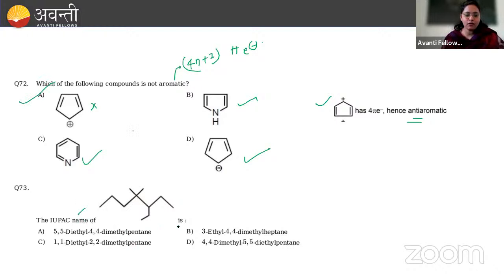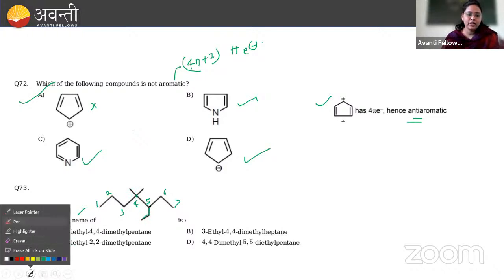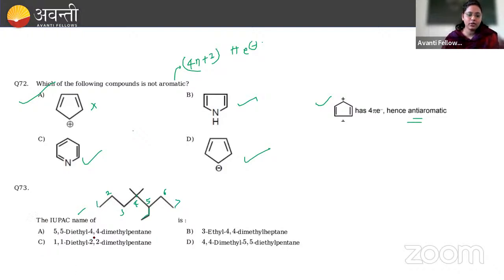Okay, so this species A is our not aromatic species. Next, IUPAC name for this given compound. So if we start numbering from this side, 1 2 3 4 5 6 7. So you can see at the 4th position, these substituents are coming and this substituent is coming at the 5th position. So ये numbering नहीं चलेगी क्योंकि numbering हमारे substituent को सबसे लेट जा रही है. ठीक है, तो मैं क्या करती हूँ, इस numbering को बदल के another way से numbering देती हूँ from this side. 1 2 3 4 5 6 and 7.